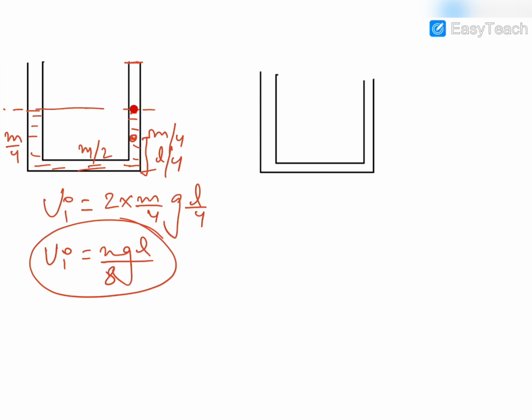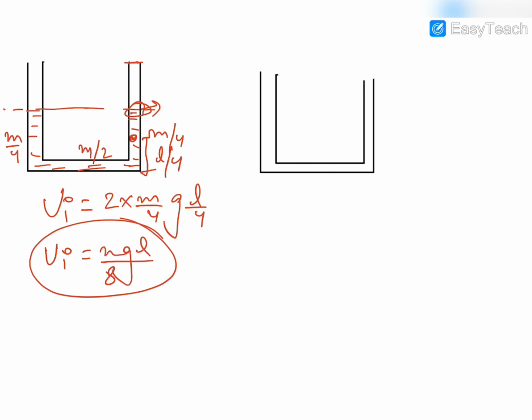So if I concentrate on this last mass dm, and if each of the mass dm has finally reached this end and the last mass has finally reached this m, then obviously the complete liquid will come out of the tube. So what I am saying is that I am pushing each of the dm to this point.